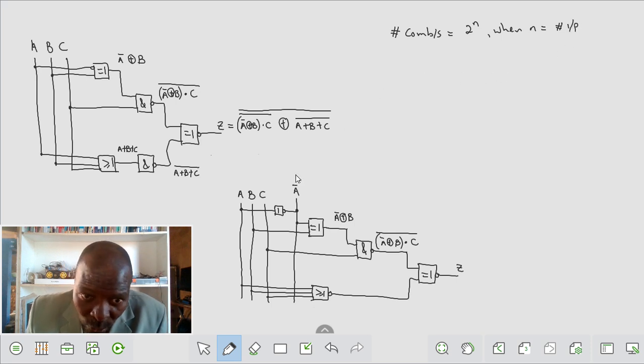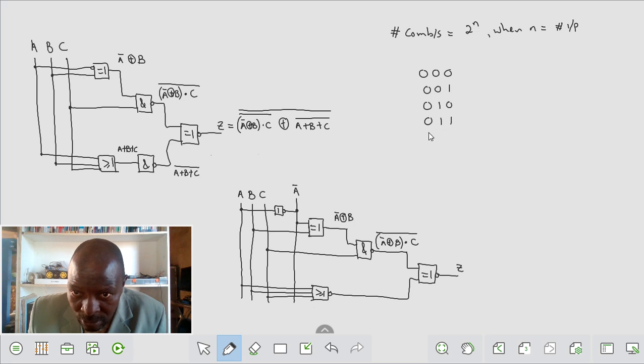So we have 3 inputs here, A, B, and C. So we have the count 0 up to 7, which is 8 combinations: 0, 1, 2, 3, 4, 5, 6, and 7. And this is our A, our B, and our C.